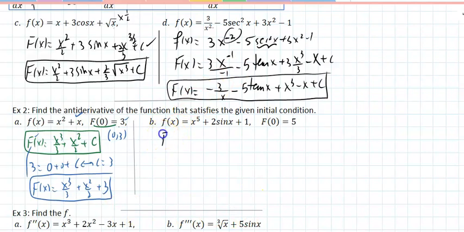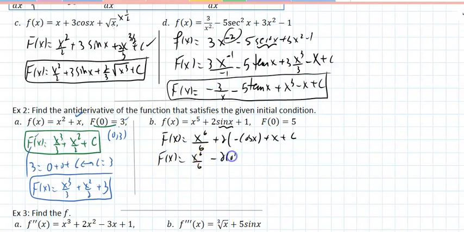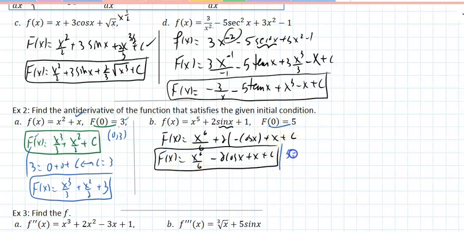Similarly, if I find capital F of x, add 1 to the power, divide by that. What do you take a derivative of to get sine? Remember, that's negative cosine of x plus c. So capital F of x is actually x to the 6 over 6 minus twice the cosine of x plus c. I would have been done right here, except they gave me this initial condition. So I'll say F of 0 equals 5, y equals 5 when x equals 0.